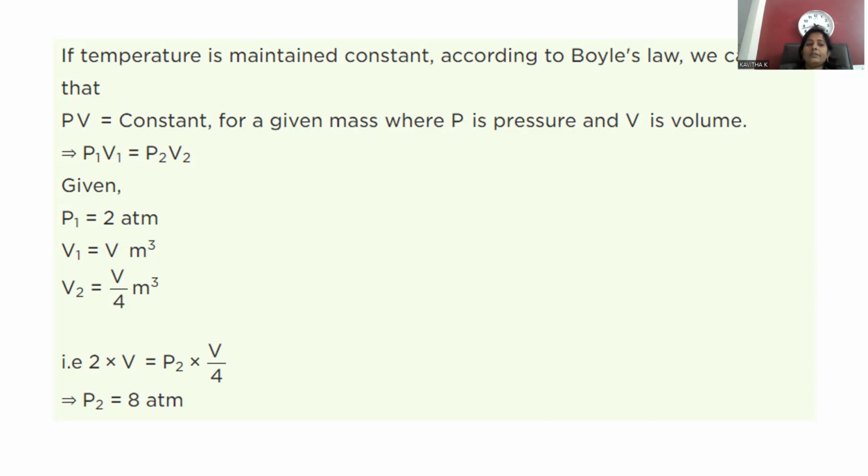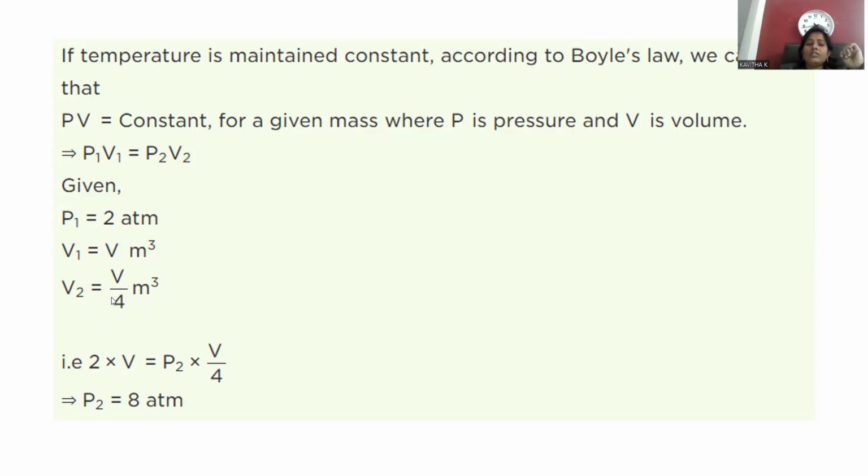So here the gas is given at 2 atmospheric pressure, that is taken as P1, and the volume of gas is taken as V meter cube. V2 is compressed to 1/4th, so it will become V by 4 meter cube. So you can notice the compressed volume is V by 4.